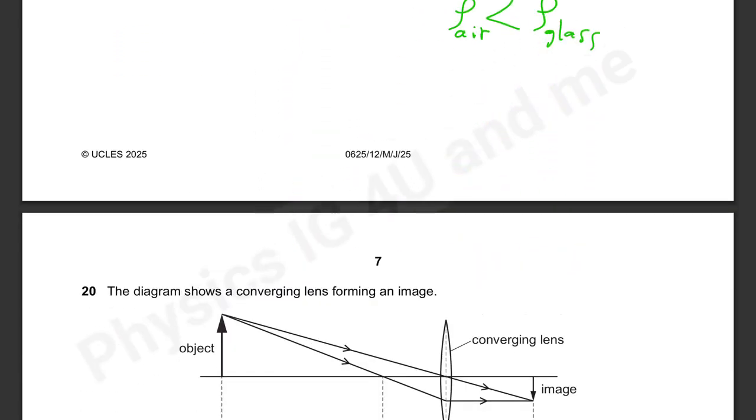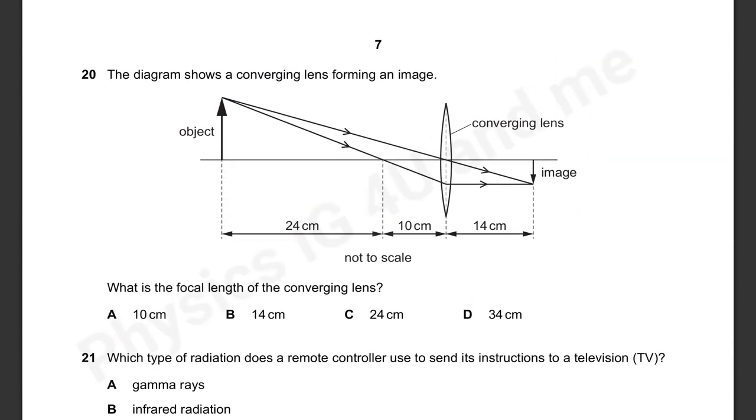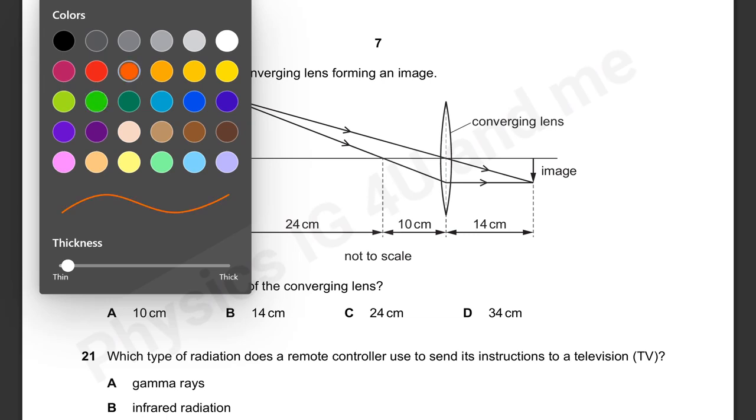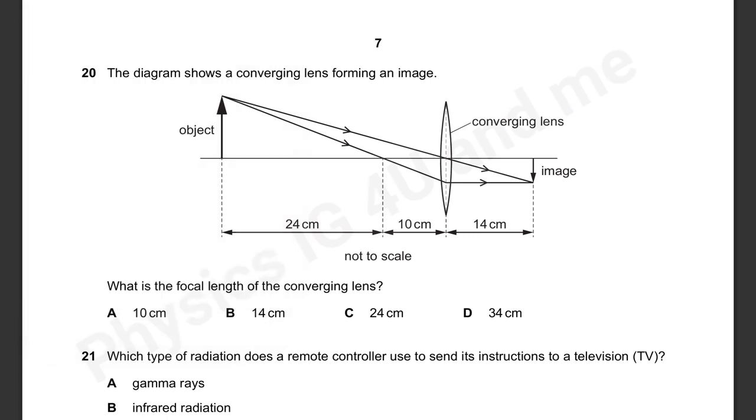Question 20. The diagram shows a converging lens forming an image. The question is, what is the focal length? Focal length is the distance between the focal point and the center of the lens. This is the center of the lens right here.